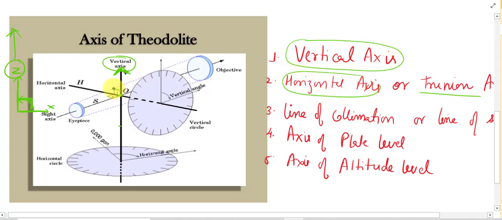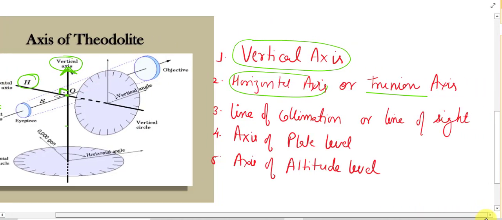After the vertical axis we have the trunnion axis, or we can say the horizontal axis. This axis must be at 90 degrees to the vertical axis, and the horizontal axis is drawn here like this. About this horizontal axis my telescope rotates in the horizontal plane.